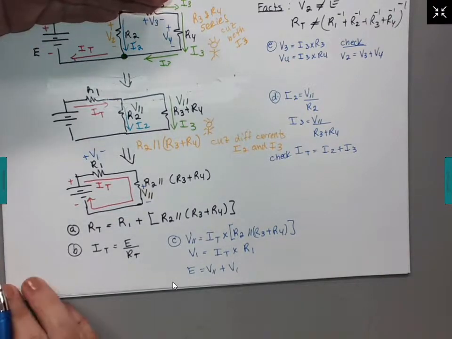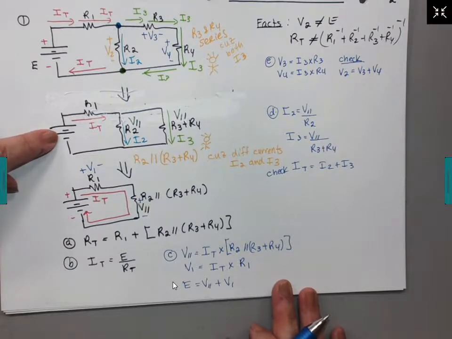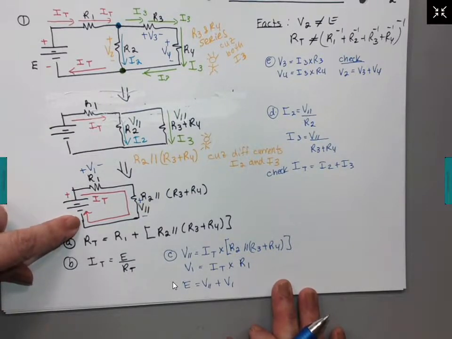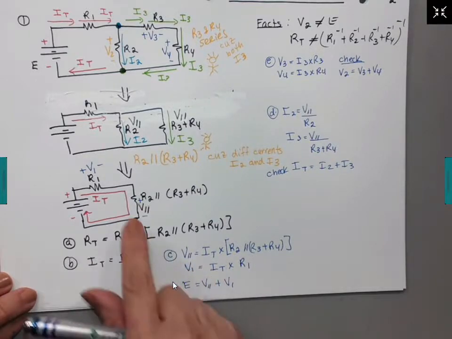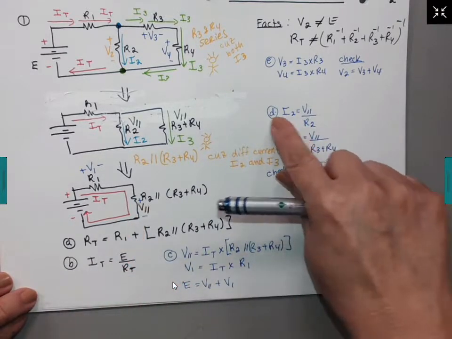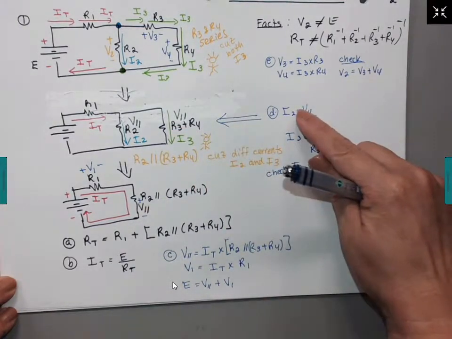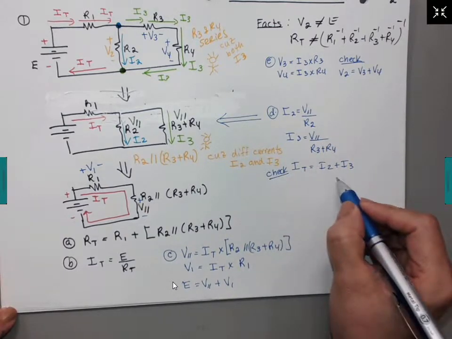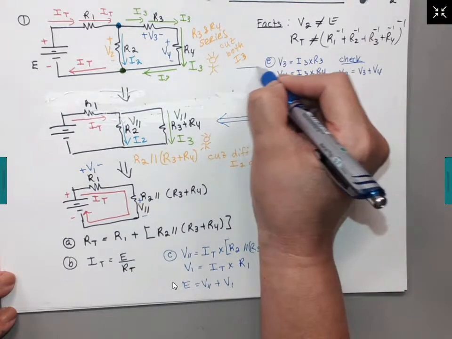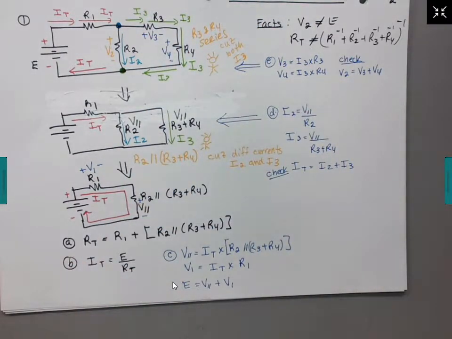So you start here, you reduce it, you go to this second figure, then you simplify it, you find RT, find IT, find the voltages, and then go back to this circuit and find I2 and I3, check that this is true, and then you go to this other circuit and you find V3 and V4 and you have everything.